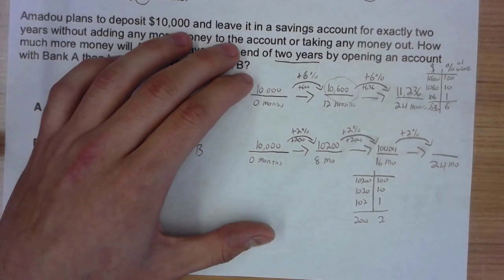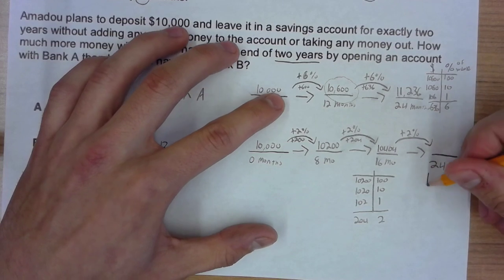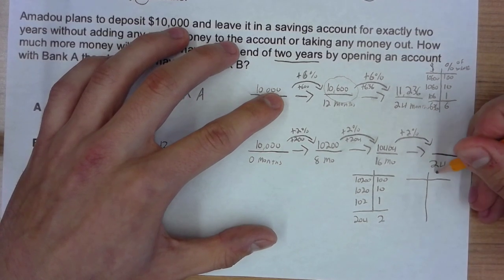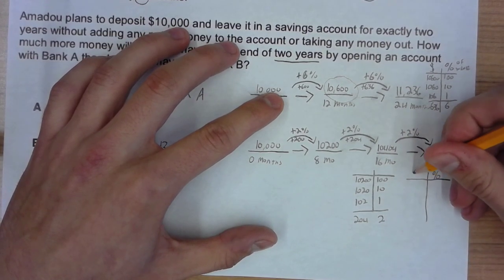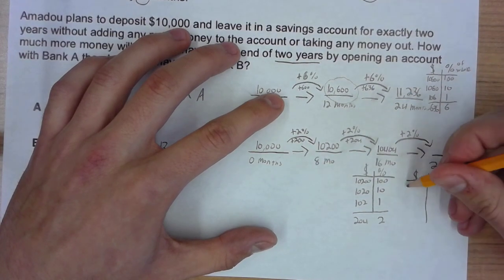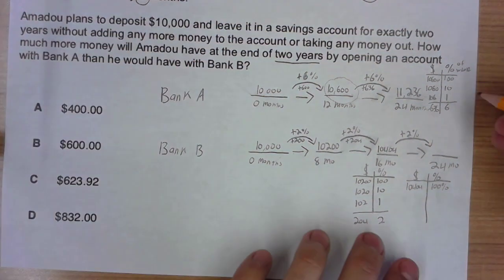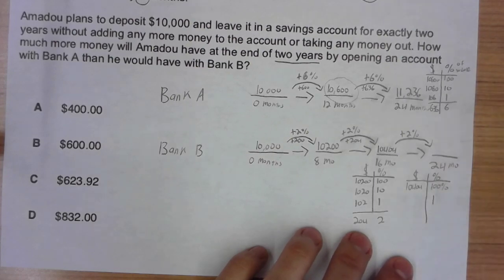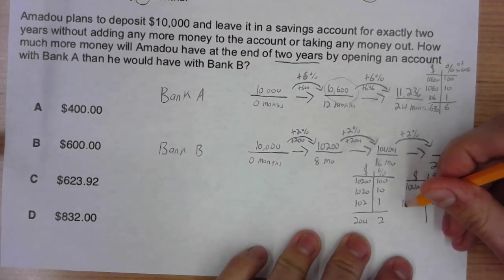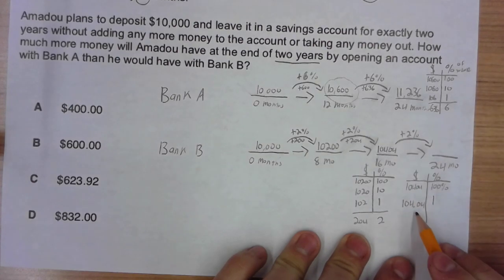What about our last leg of the roadmap, to get from our 16 months to our 24 months? Here we're going to do another similar ratio table, and remember to label properly. We know that our 10,404 is our 100%. Now I'm going to skip and divide by 100, so our 1% is going to be $104.04, right?